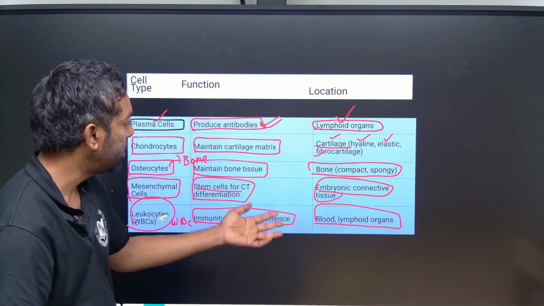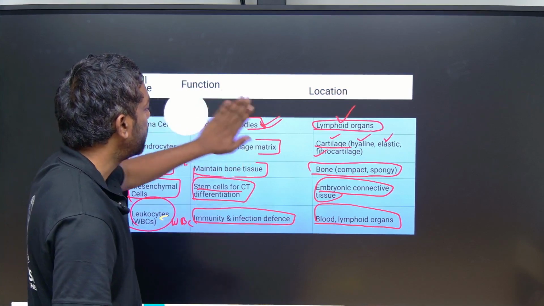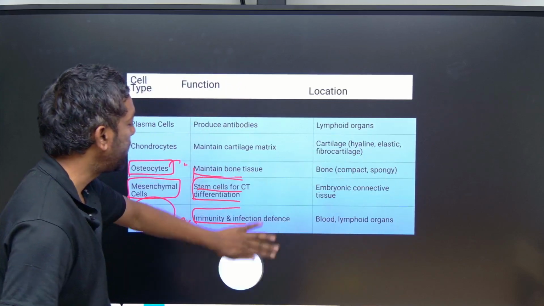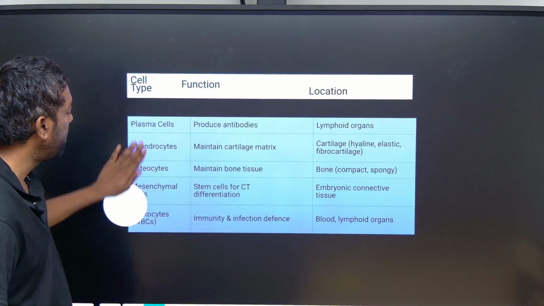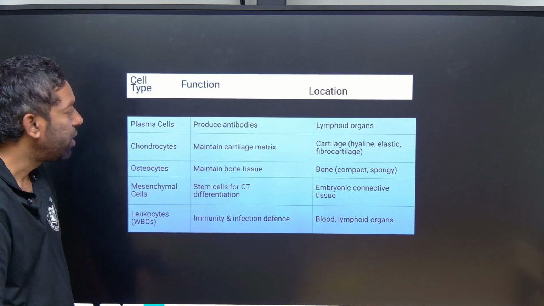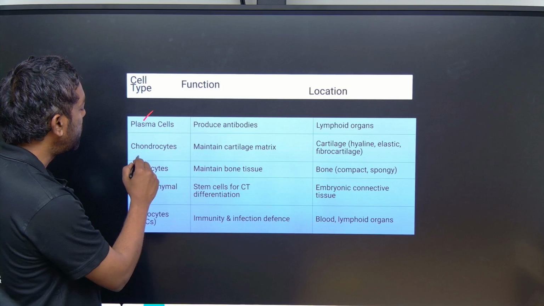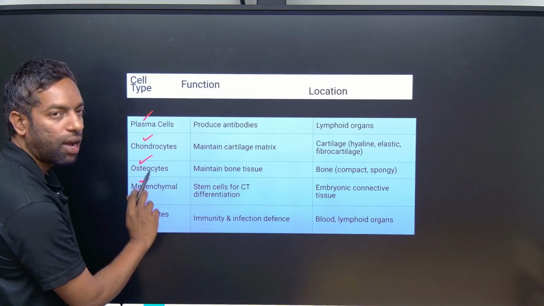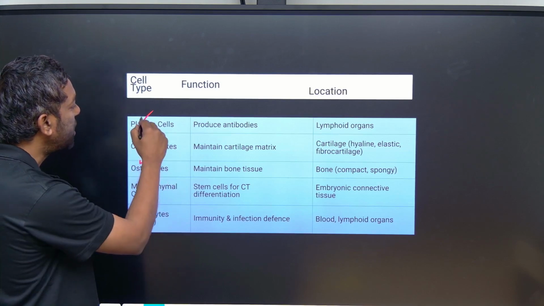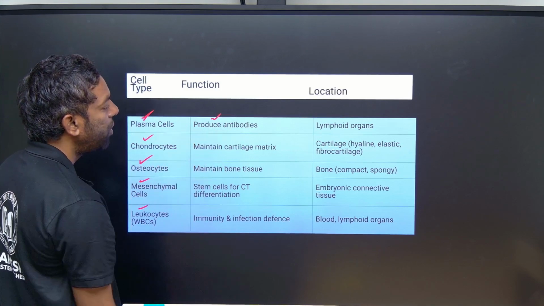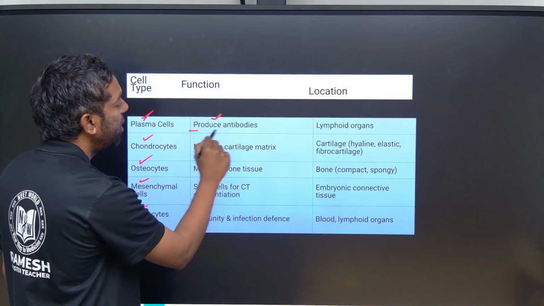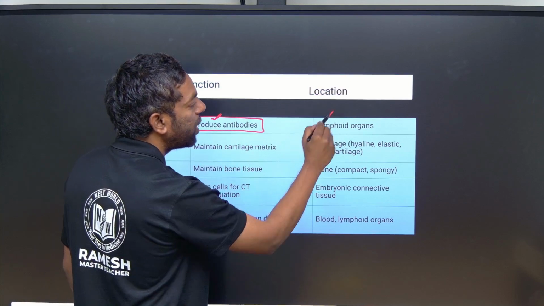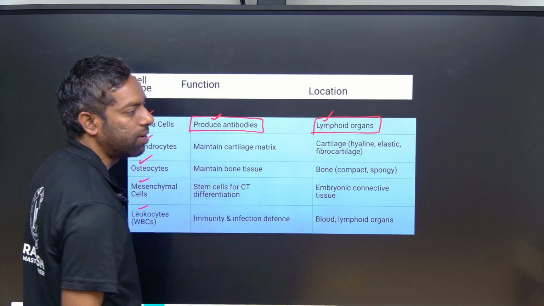This is about connective tissue cells, which are located in the matrix of the connective tissue. Again I am going to repeat: plasma cells produce antibodies, and the location is the lymphoid organ.